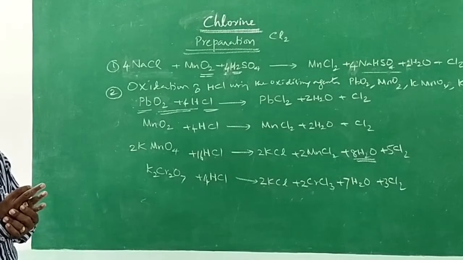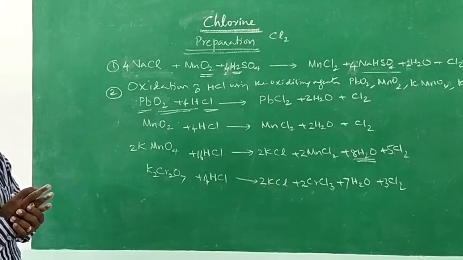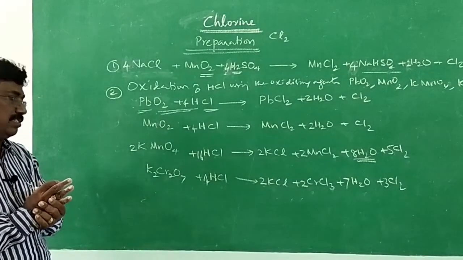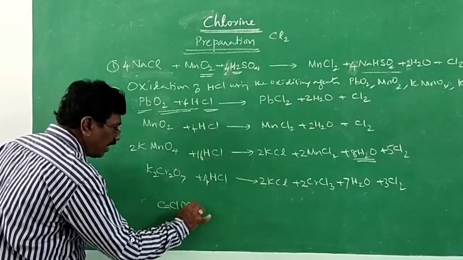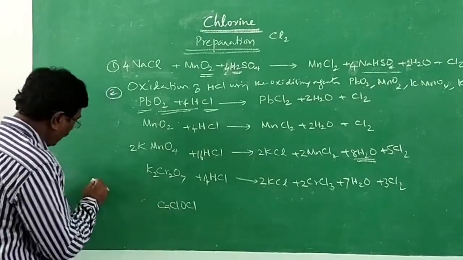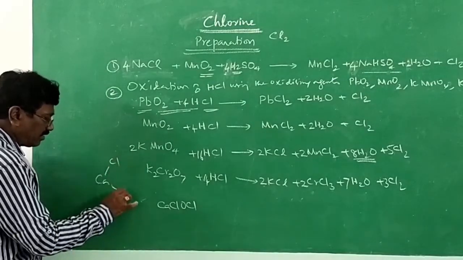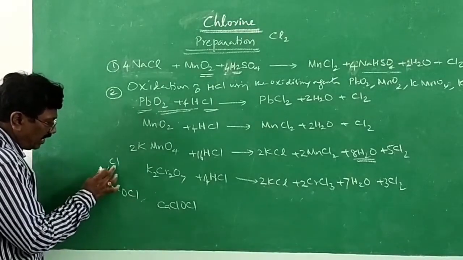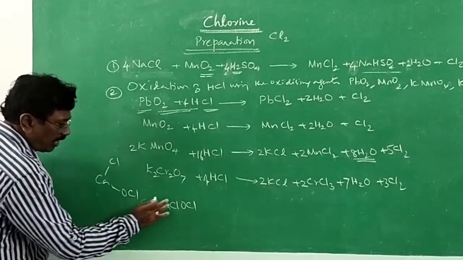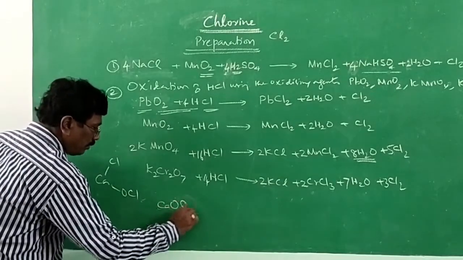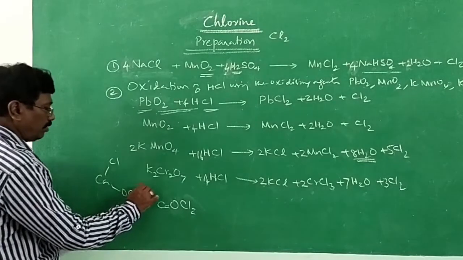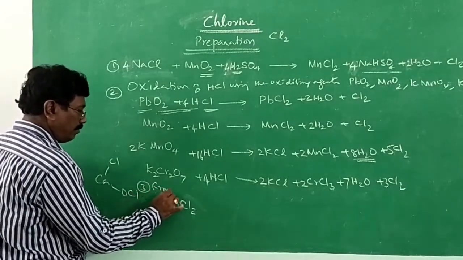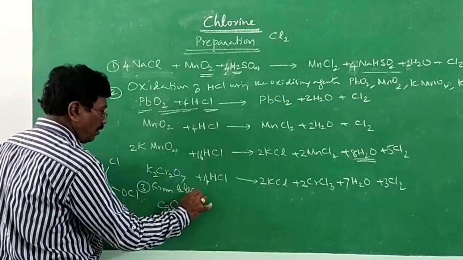So sometimes you will get a chlorine smell if the bleaching powder happens to be in excess. In bleaching powder, the actual structure is CaCl(OCl), but we write the molecular formula CaOCl2. That is bleaching powder.